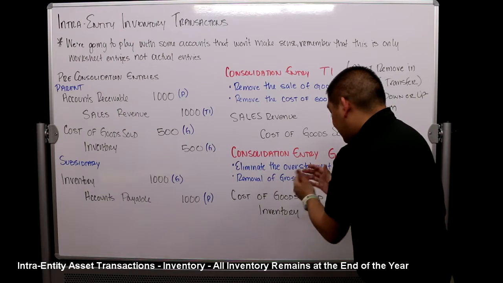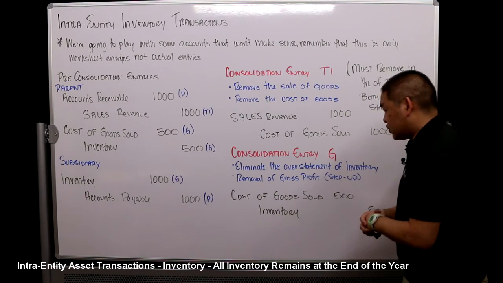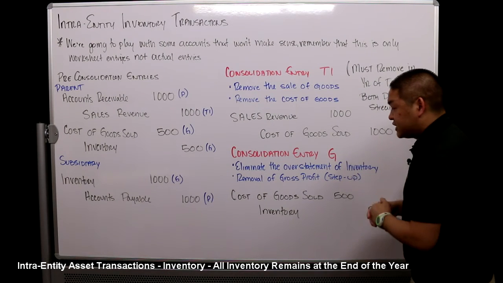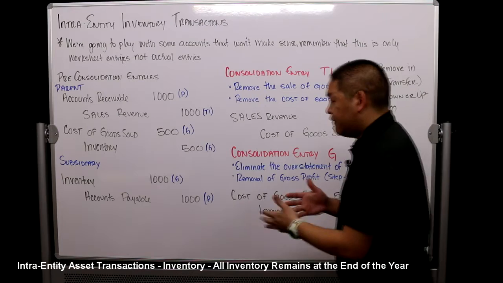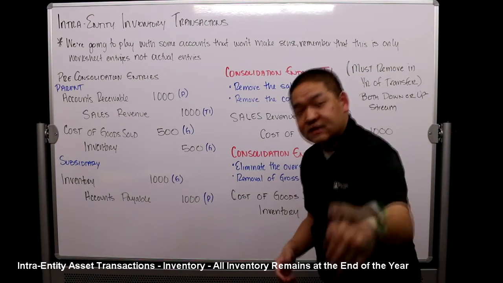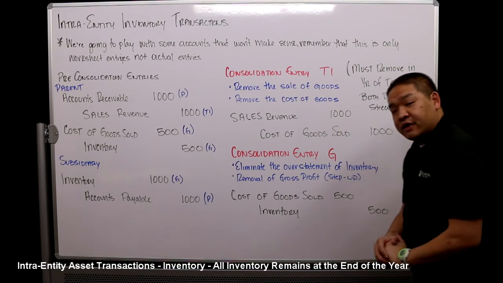Okay, and then we're going to credit inventory for $500. We're going to credit inventory so that we can remove the overstatement. What do we mean by overstatement? Well, inventory right now is at 1,000. How do we bring it down back to what it should have been? We would credit it by $500.